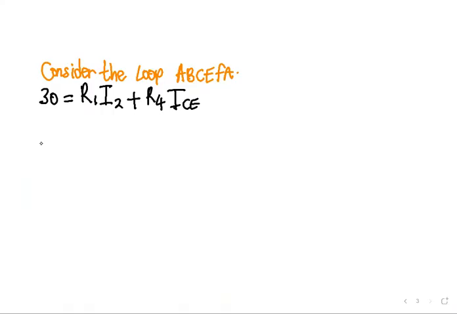And then after that, what you are going to do is simply substitute. So that will be 30 equals, R1 is represented by the 40 ohm resistor, I2, plus R4, which when you look at the diagram is also represented by the 40 ohm resistor, times the current through CE, which we got on the first slide: I2 minus I3.